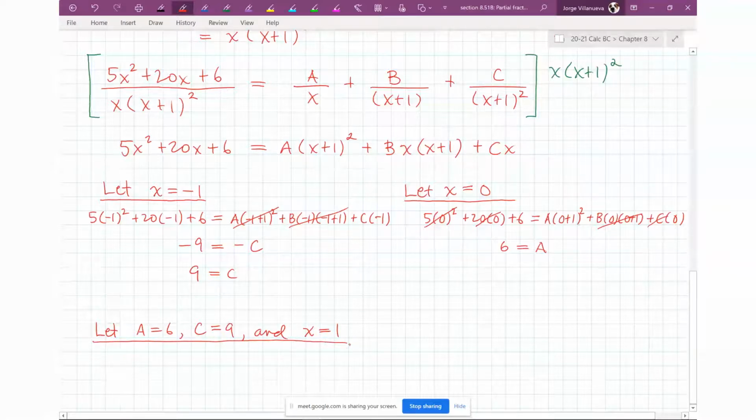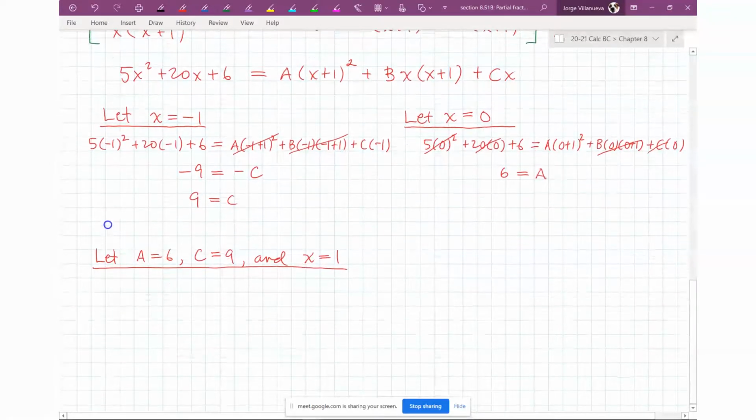Because if I let a equals 6 and c equals 9, and x equal to 1, then there's only one variable left. There's just a b. So let's do that.